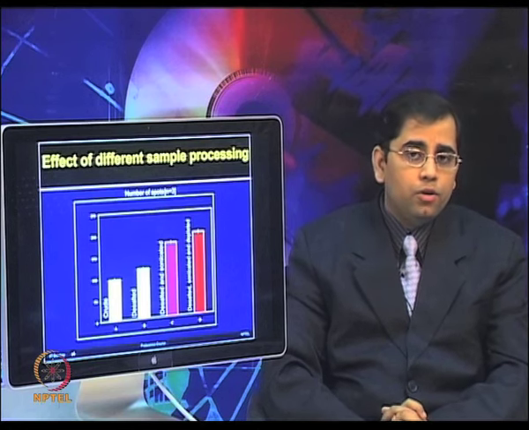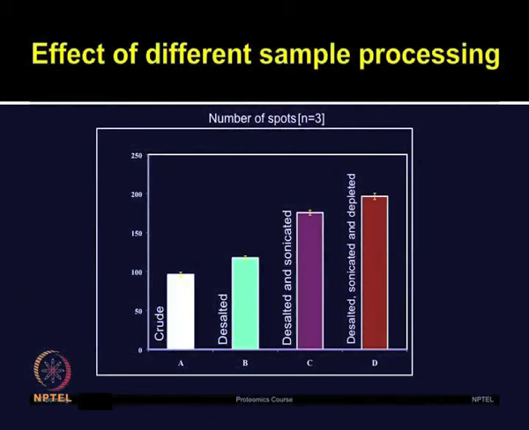These studies were performed on the small strips to standardize the procedure, but we were able to draw the conclusion based on the reproducible pattern obtained in these gels, and then we applied the desalted, sonicated and depleted conditions for processing all the samples.